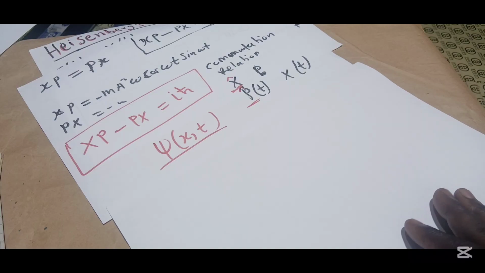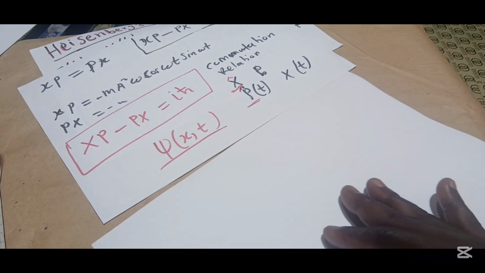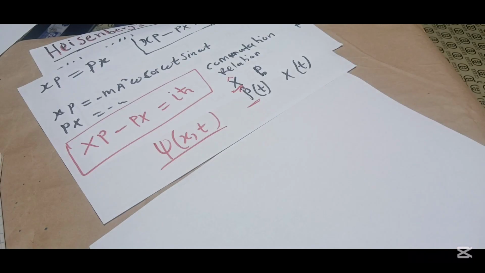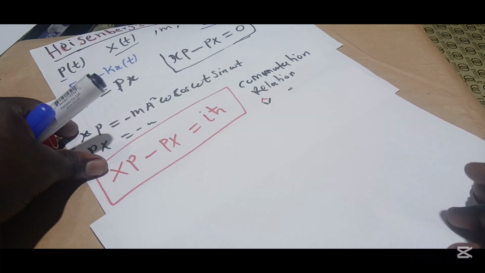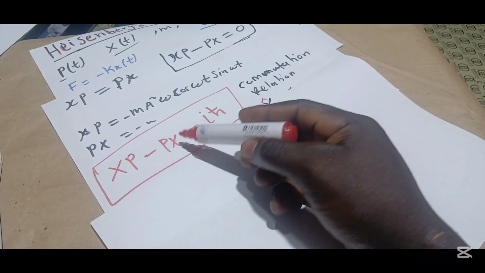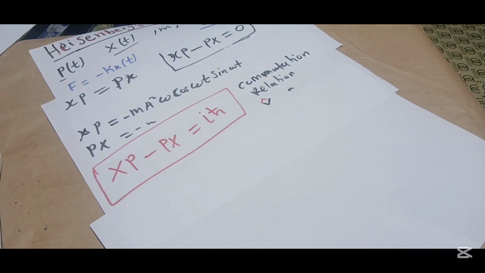Because quantum mechanics does not describe particles using ordinary numbers like in classical physics, we rather describe physical quantities as operators acting on a wave function. Then let's see how we can play around with this commutation relation, which is xp minus px equals i h cross.